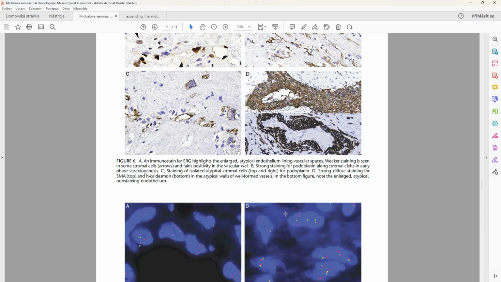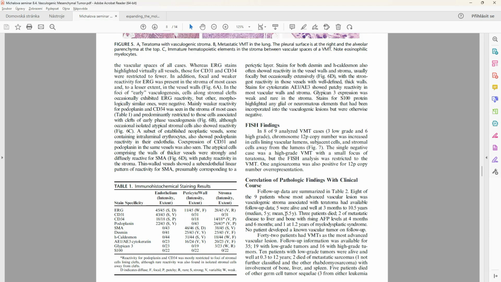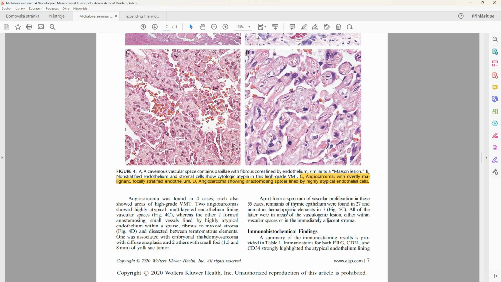And I think this is what probably happened in this patient, because she had yolk sac tumor in the primary biopsy, an original germ cell tumor treated by chemotherapy. It can be transformed into sarcomatoid yolk sac tumor and also into this so-called vasculogenic mesenchymal tumor.